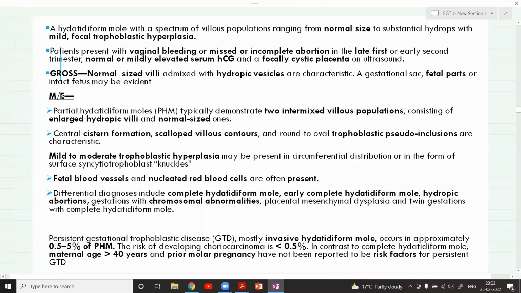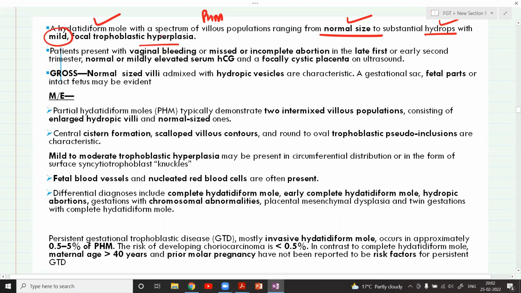So whatever we have discussed, in case of partial hydatidiform mole, you have two groups of population. One of the villi is of normal size, whereas the other is edematous, expanded villi with mild trophoblastic hyperplasia, not marked.